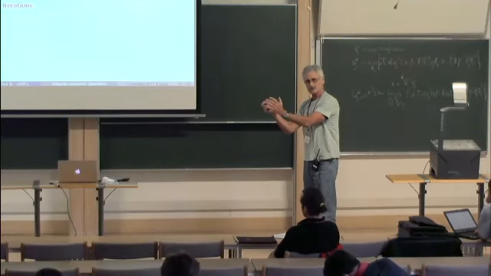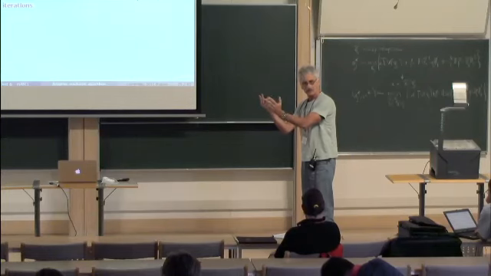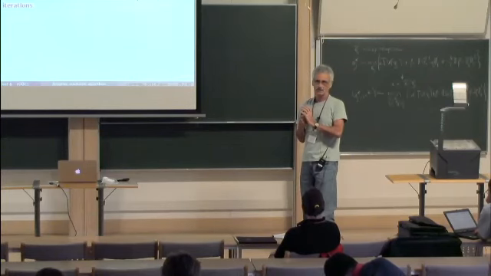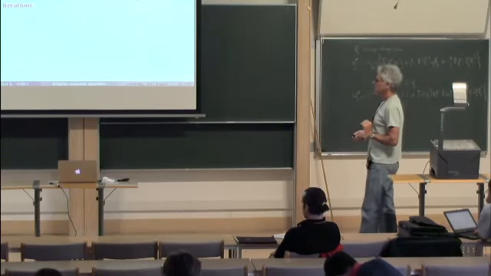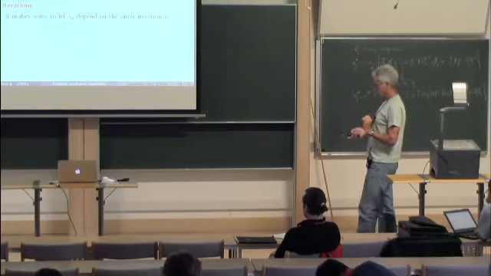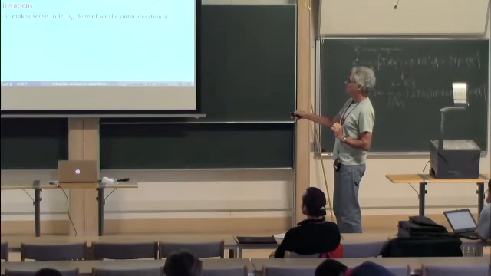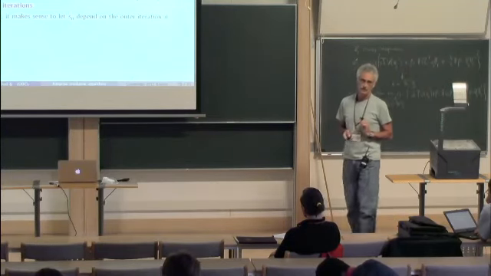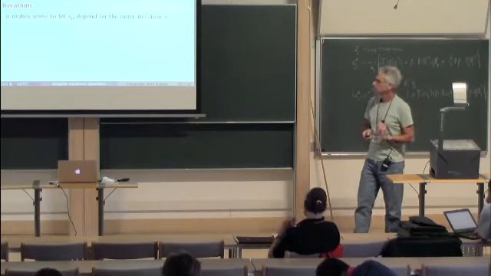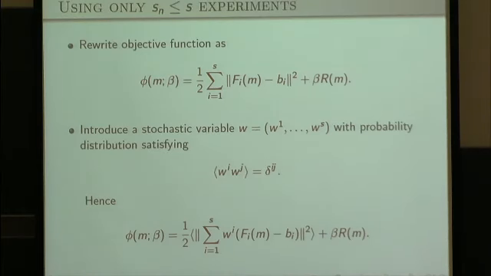Maybe I need all S experiments only when the time comes to refine the detail of the reconstruction. Okay, so it's a different purpose. So it does make sense to let S sub n depend on the outer iteration. So how do we handle that?